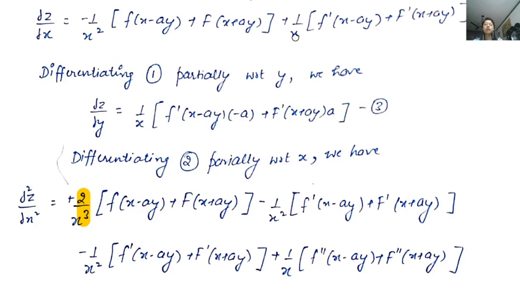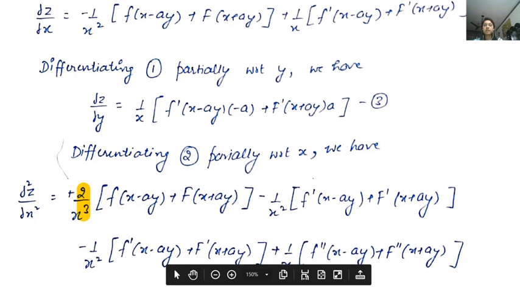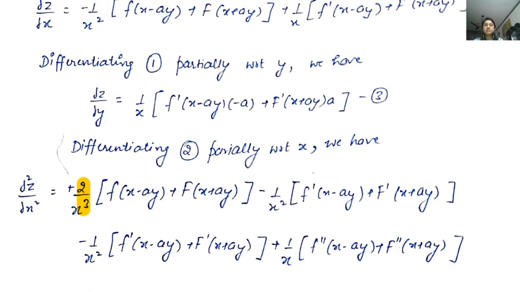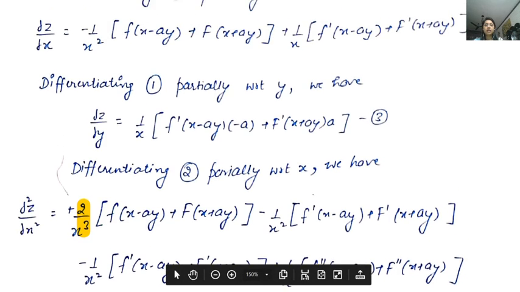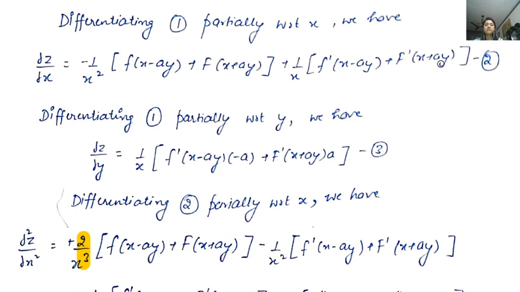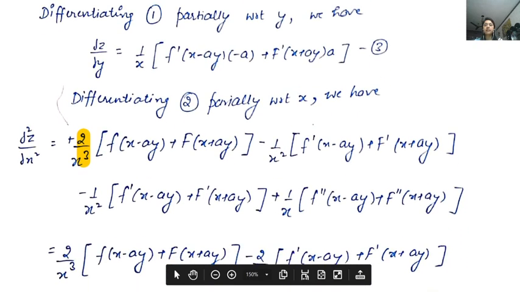Now coming to the second term, when we differentiate 1 by x with respect to x, we will get minus 1 by x square into this term as it is, f dash (x minus ay) plus capital F dash (x plus ay), plus this term as it is, and when we differentiate it with respect to x, we will get f double dash (x minus ay) plus F double dash (x plus ay).